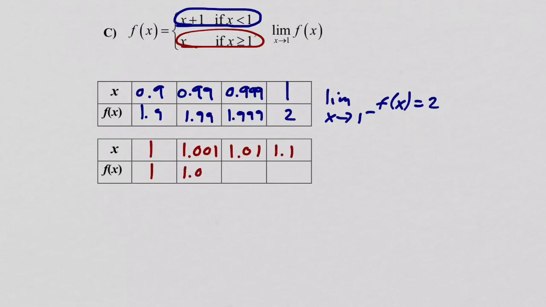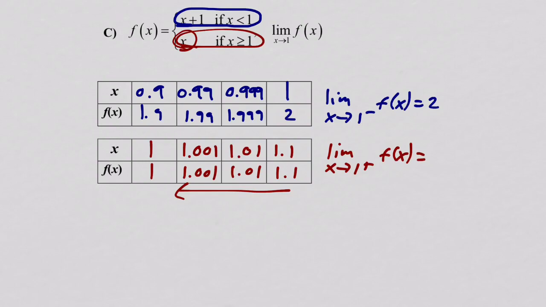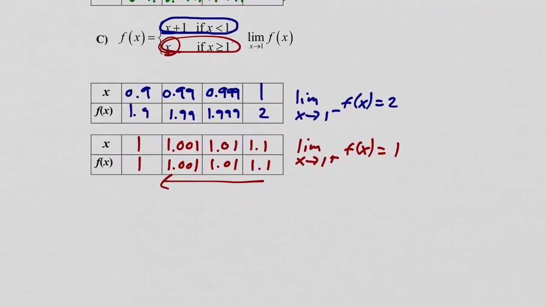And all those numbers are going to be exactly the same because that's just what our function happens to be in this case. Now the limit as x approaches 1 from the right-hand side of f of x gets us positive 1. And because these two limits from the left and right are not the same, we're going to write that the limit does not exist.